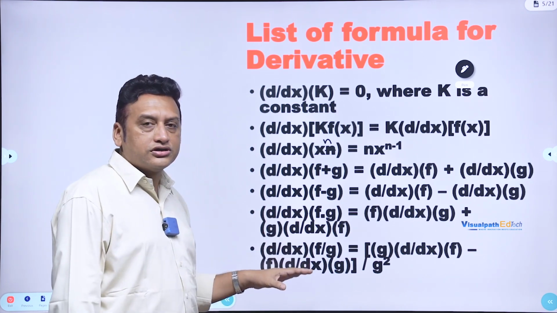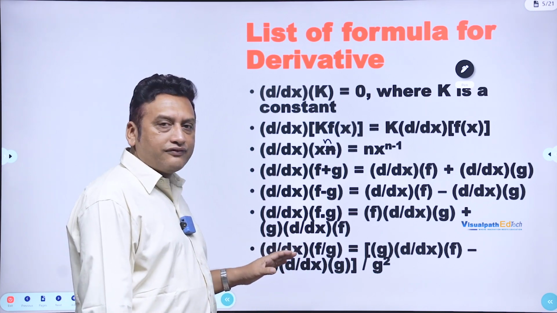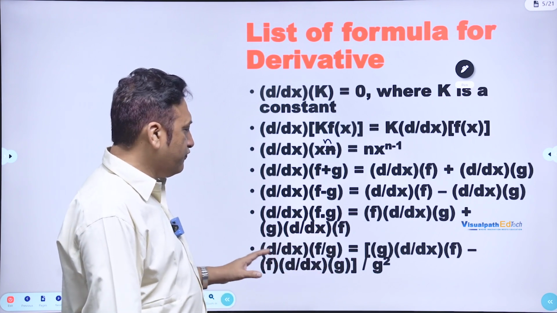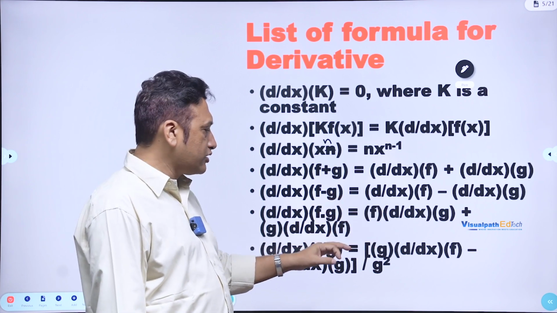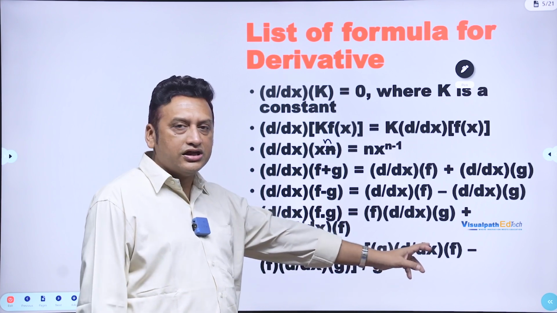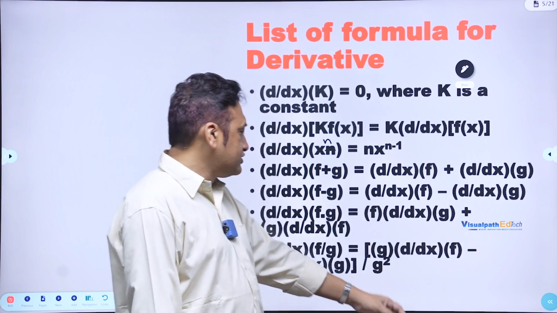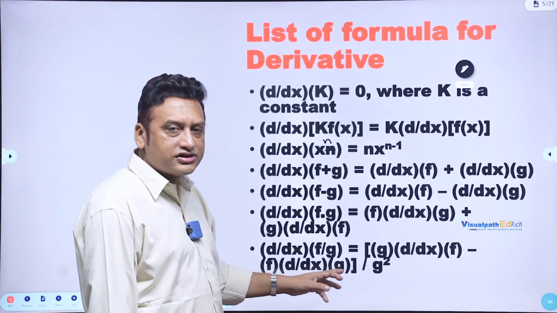Then we go to quotient, the quotient of 2 functions. Now here, if I have to find d/dx of f upon g, then it is almost similar to the product rule. So here we first write second function into derivative of the first, and then the sign given is minus. Here the sign was plus. Second function into derivative of the first minus first function into derivative of the second.